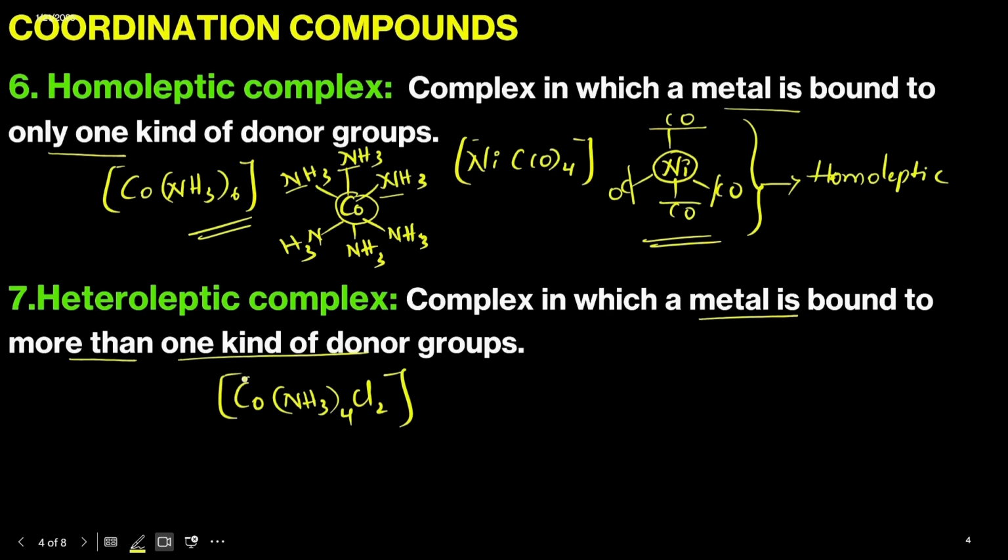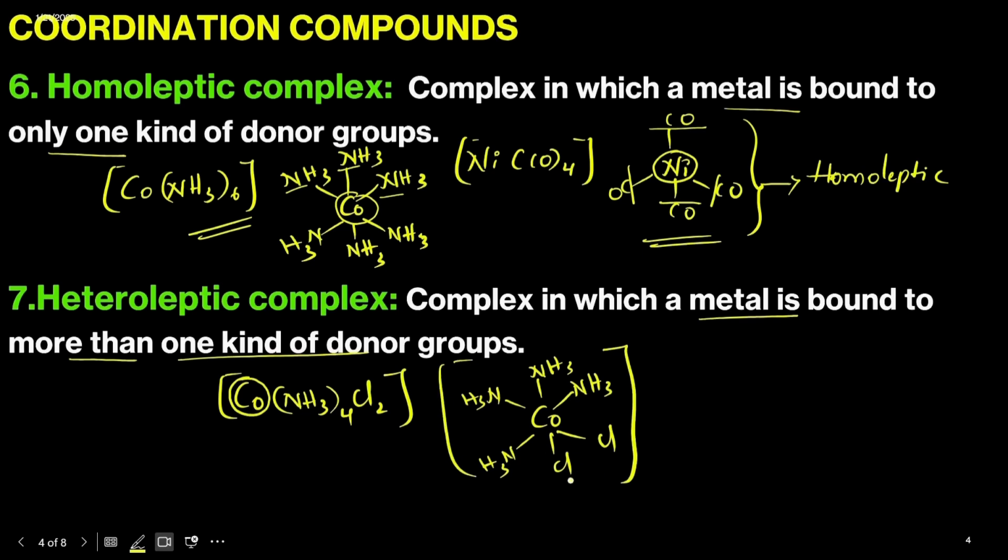In this coordination compound, cobalt is the central metal atom. If you write the structure of this coordination compound, that is Co, NH3 4 times, here NH3, here NH3 and here NH3, here Cl and Cl. Okay, this is the structure of the coordination compound.